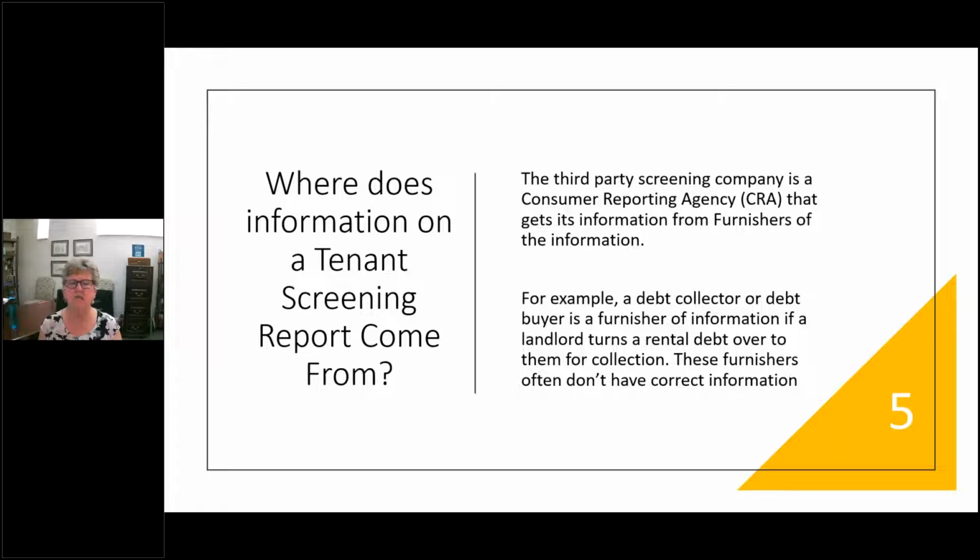They're furnishing that information to the company, and they might have a rental debt, which is what we talked about in our last episode about the collection of past due rent. That might be turned over to a debt collector or debt buyer by the landlord.